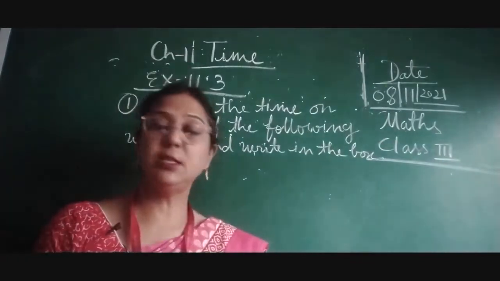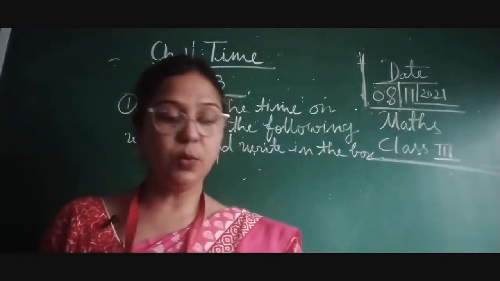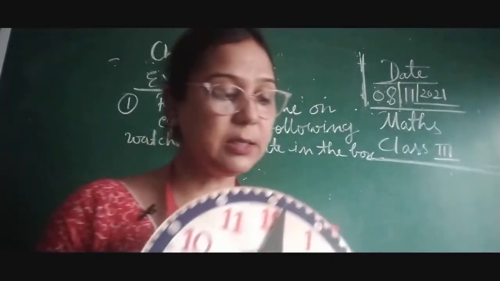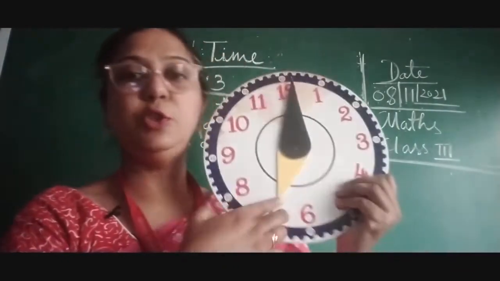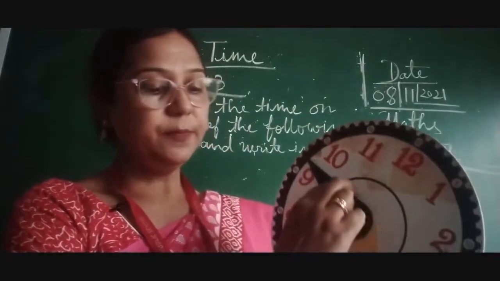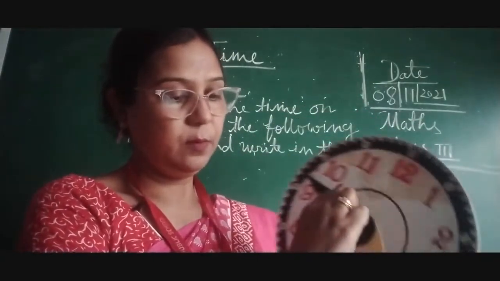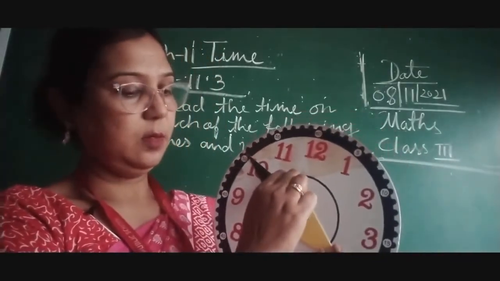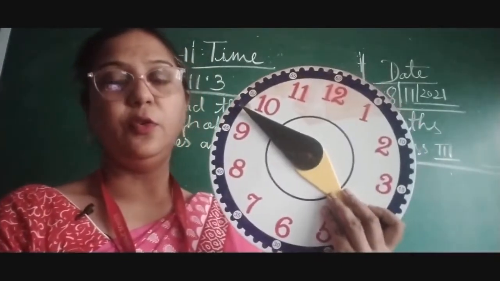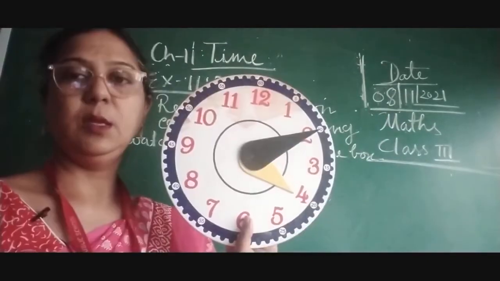Here, children, the first is already done. Now we are going to do the second clock. I will show you on this clock also. I am going to draw it on the board as well.